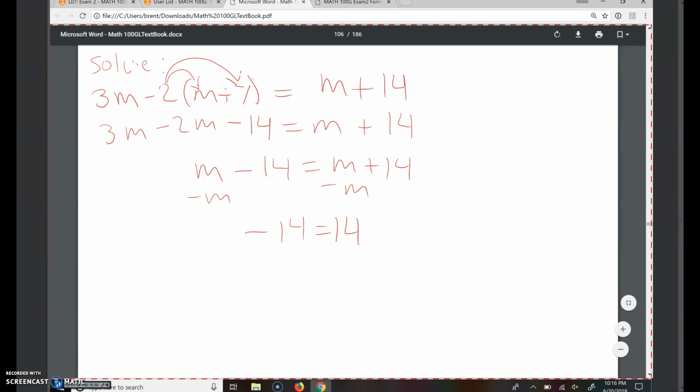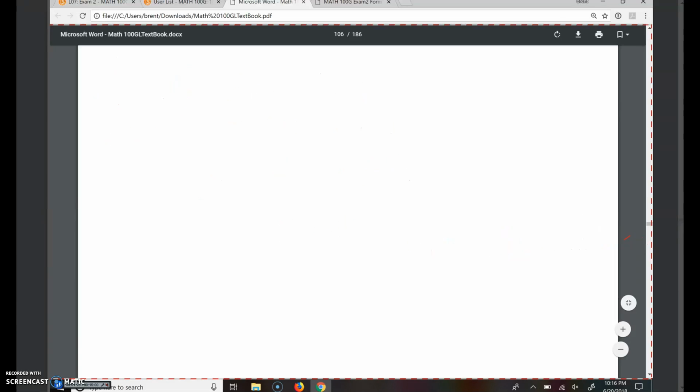So that's like the second one that I showed you in the chapter, where this will never be true. It doesn't matter what number you put in for m, -14 will never equal 14. So the answer is no solution. There is no solution for this one. That's the answer.